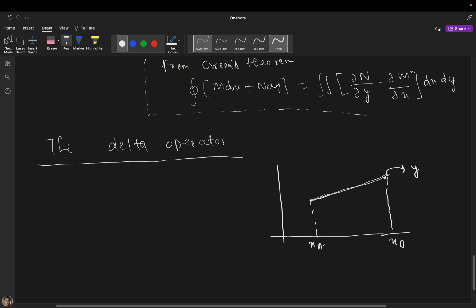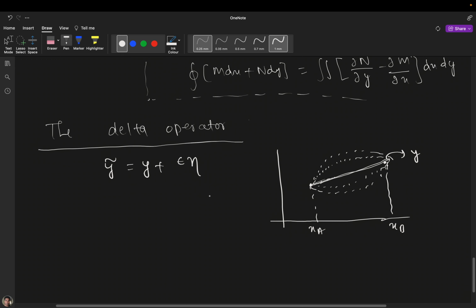We don't know what y is. So what we do is we vary y by small changes, and that is called delta. y tilde is y plus epsilon eta.